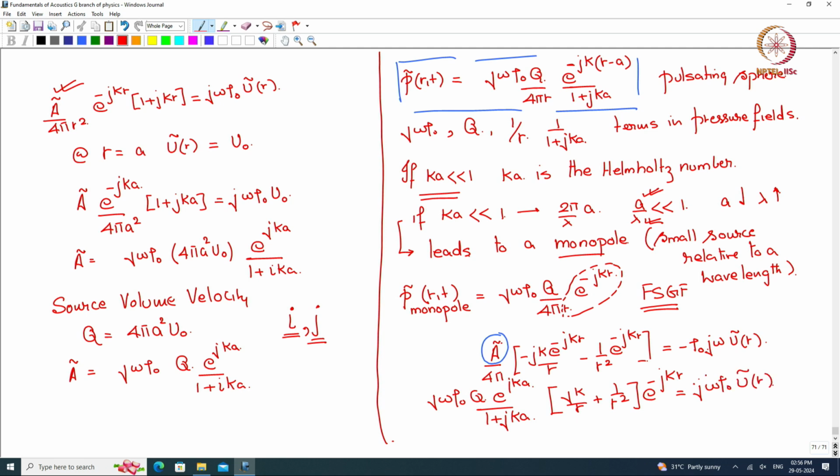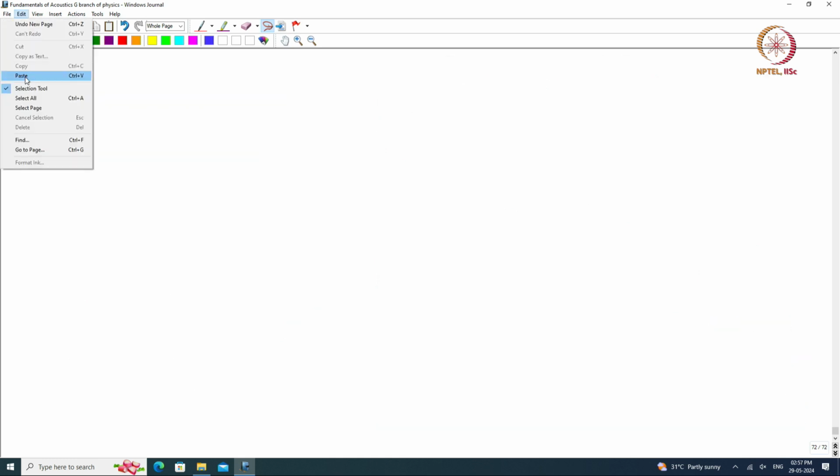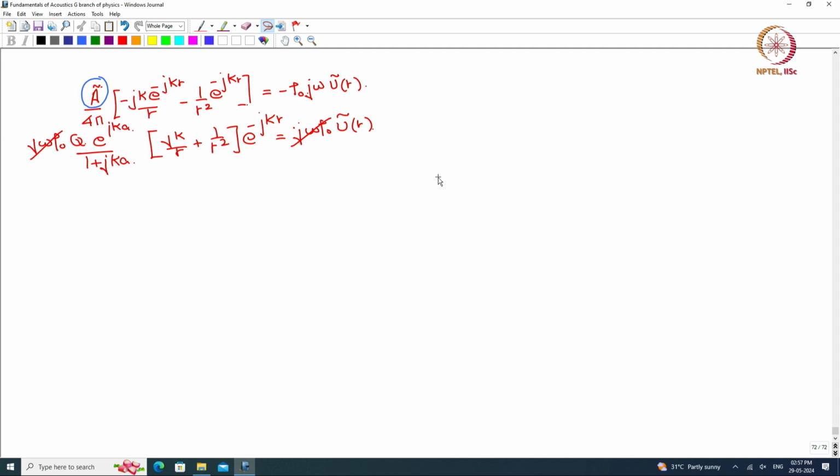So now let us see, j omega rho 0 goes away. Okay. And yeah, so let me again copy this. Okay, so I don't need the top, and let me raise this a little.